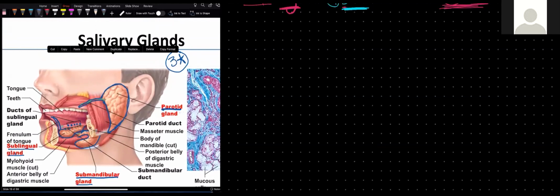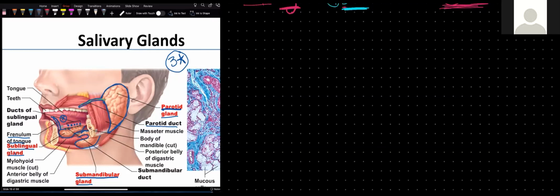gland, sublingual gland, submandibular gland, of course the tongue, lingual frenulum, and parotid duct.